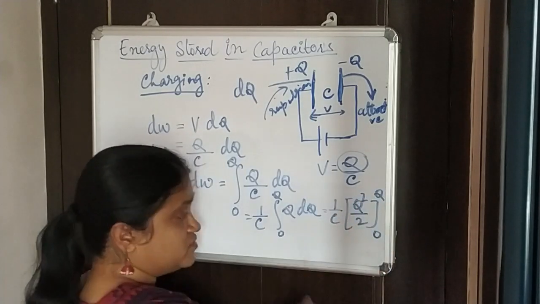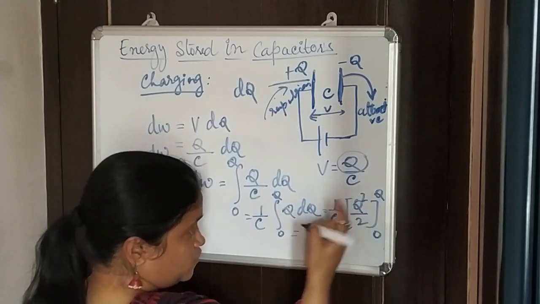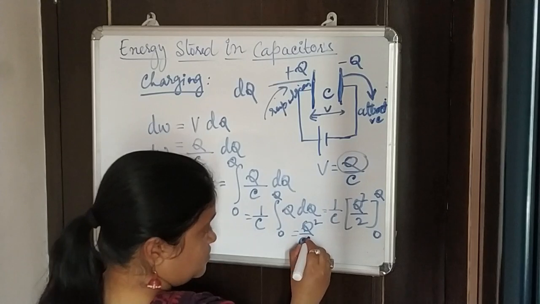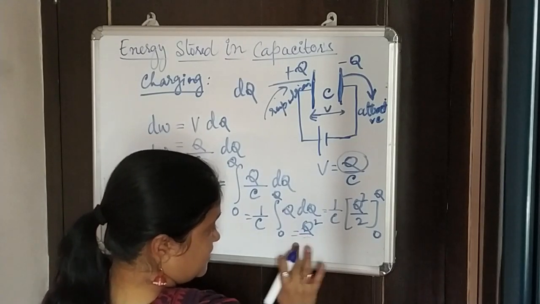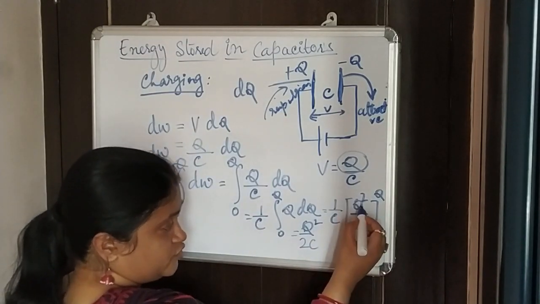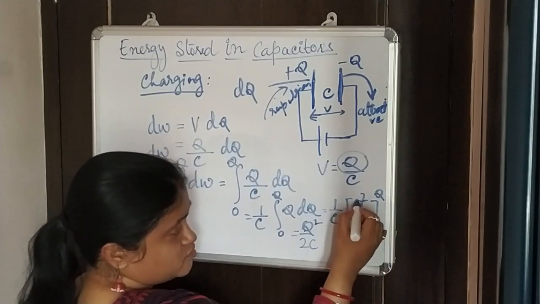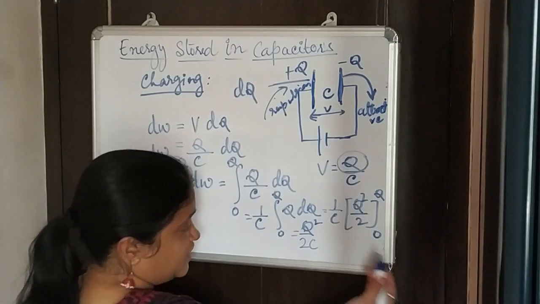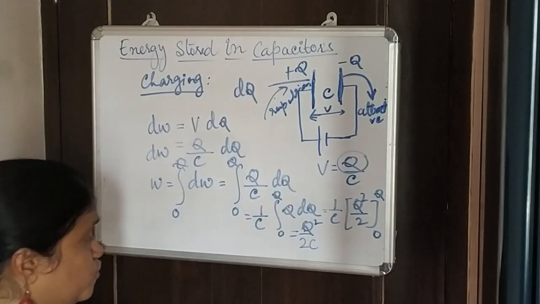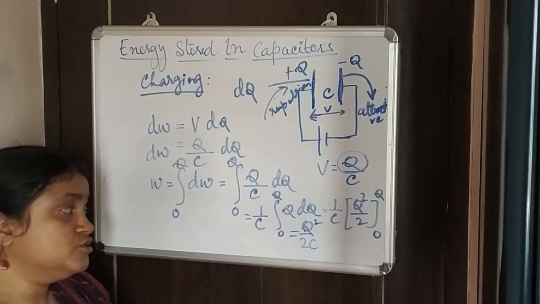When we substitute Q, it becomes 1 by 2C into Q square. First we substitute the upper limit minus the lower limit. If we substitute 0 for Q, the answer would be 0, so we are not taking that part. So definitely the work done is equal to Q square by 2C.